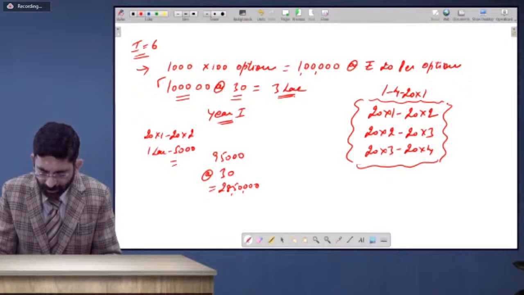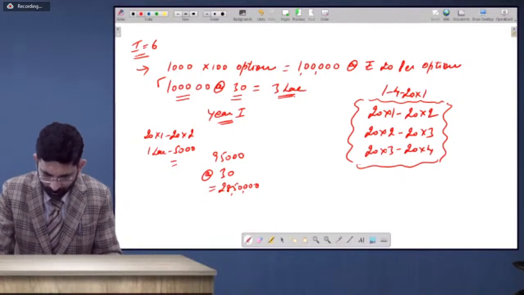Compensation expense will be, 95,000 options are there, na?